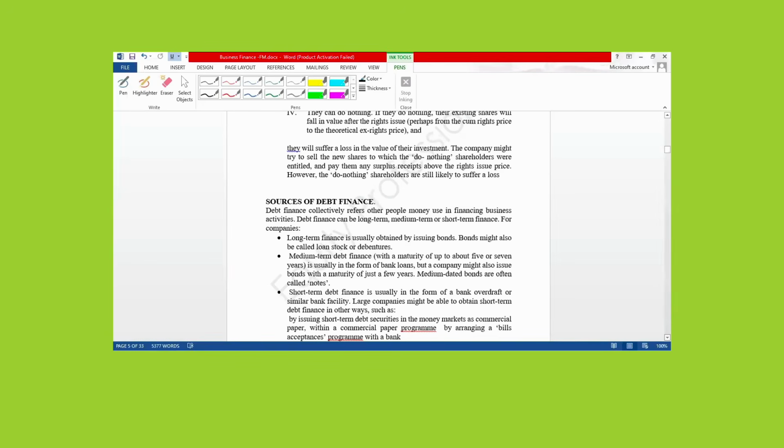Long-term debt finance can be obtained by issuing bonds. A bond might also be called loan stock or debentures. What is a bond?